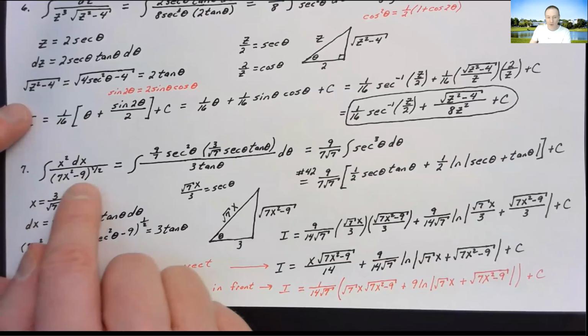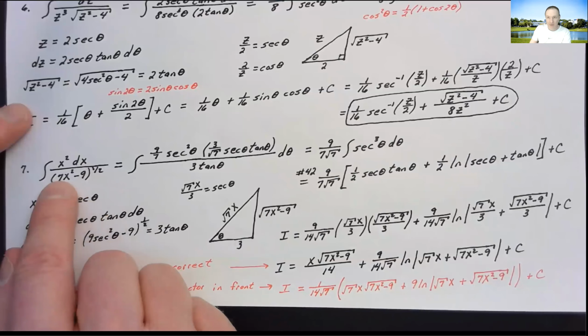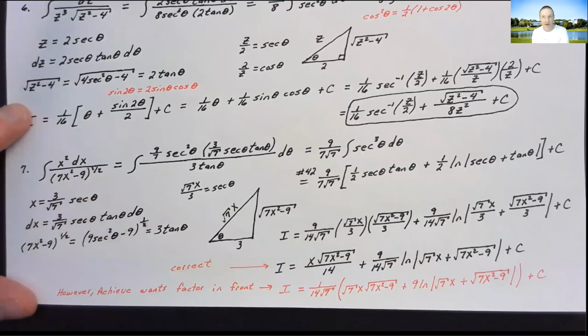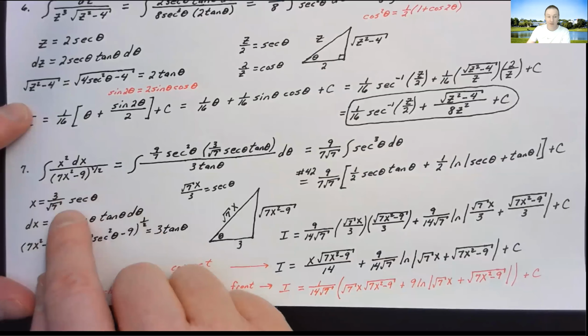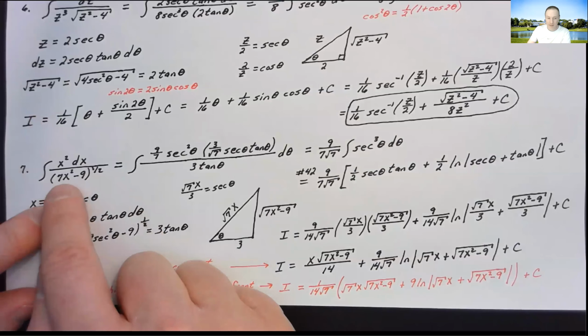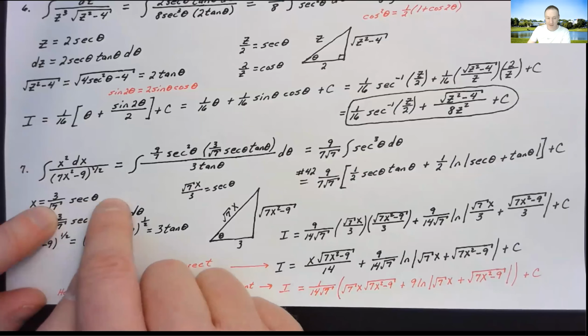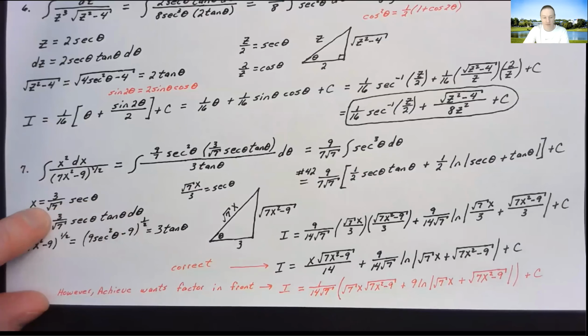So you say, well, then a squared is going to be 9 over 7. If a squared is 9 over 7, then a is the square root of 9 over the square root of 7, which simplifies to be 3 over the root of 7. So I have x equal to 3 over the root of 7, and anytime it's a variable squared minus a constant squared, it's a secant theta. So I get 3 over the root of 7 secant theta.